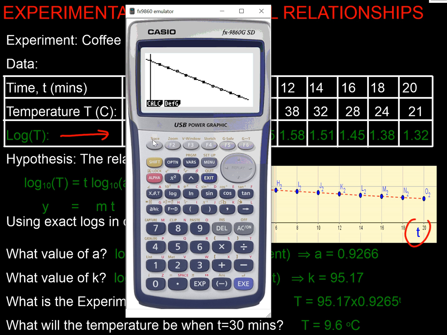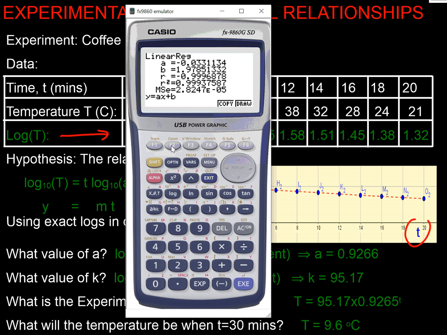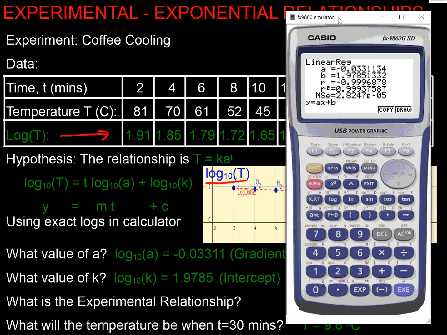So let's just put that up. Go back to the values. There we go. Okay, so I've now got my values. Well, what's my gradient? My gradient here in the calculator is the a value, so that's negative 0.03311. So that's my gradient, and my intercept b is 1.9785.